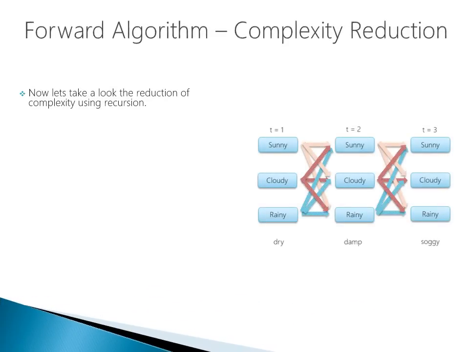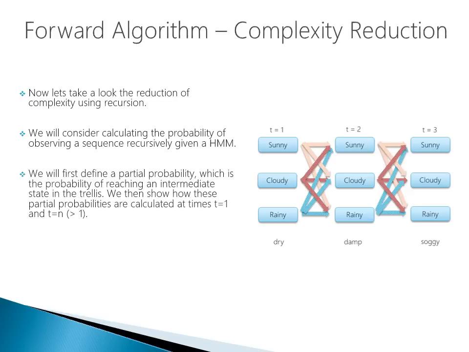Now let's take a look at the reduction of complexity using recursion and recursive techniques. We will consider calculating the probability of observing a sequence recursively given a hidden Markov model. On our trellis diagram on the right, we now see above where we have t equals 1, t equals 2, t equals 3, and those are just 3 independent dates.